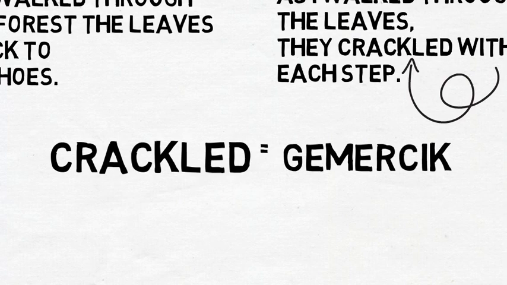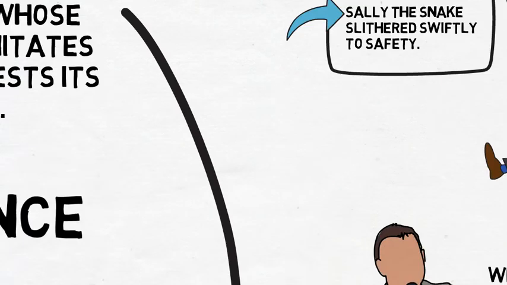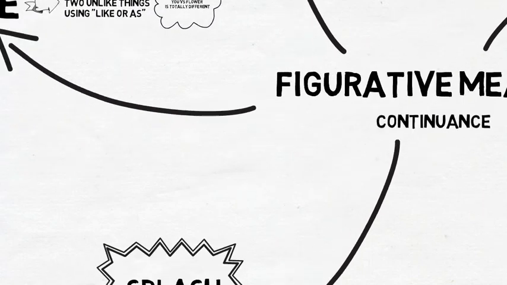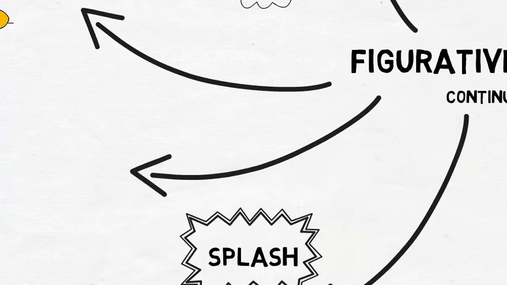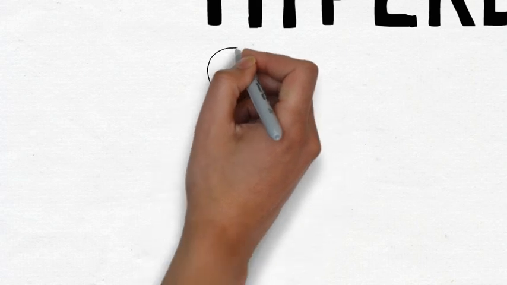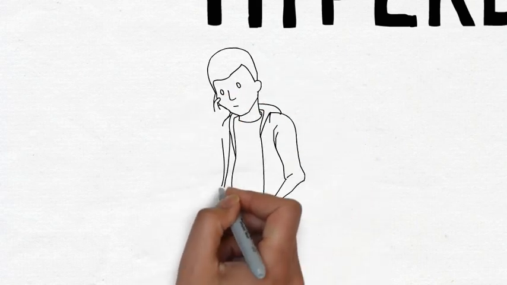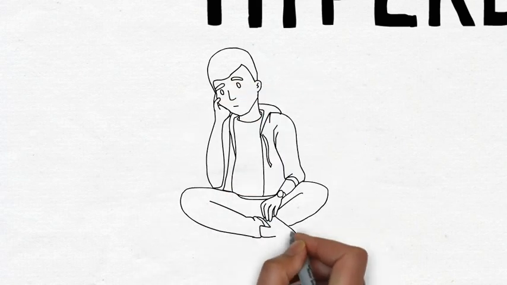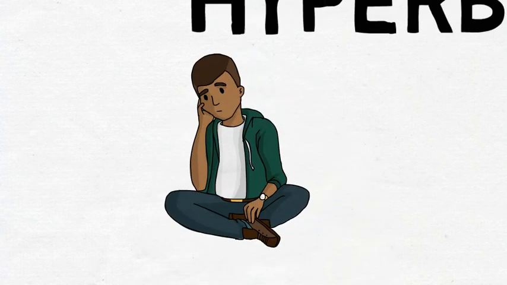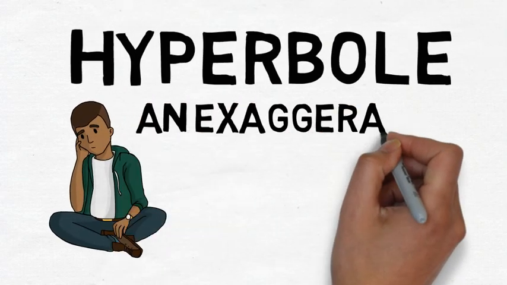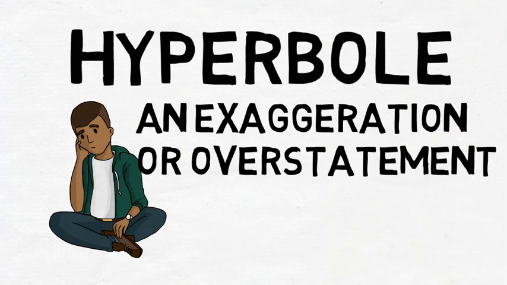Okay. Next. We call it hyperbole. Probably most of us are already familiar with this. Hyperbole. What does hyperbole mean? Hyperbole is an exaggeration or overstatement. What we call exaggeration or overstatement, itu adalah membesar-besarkan keadaan.